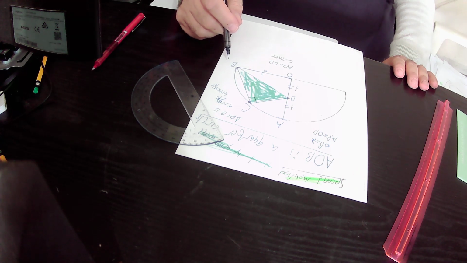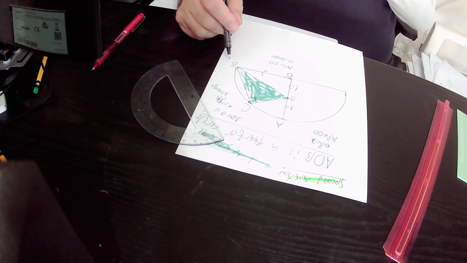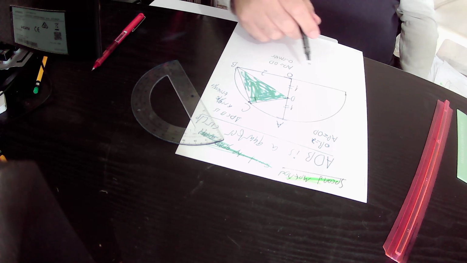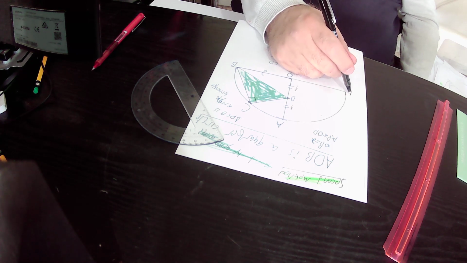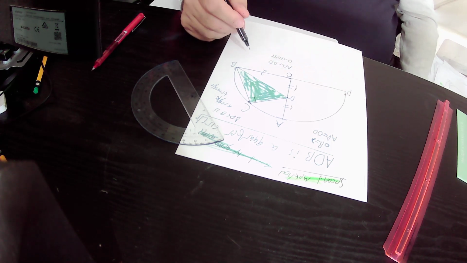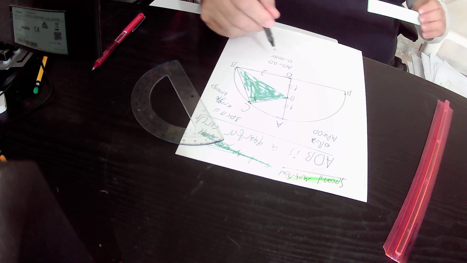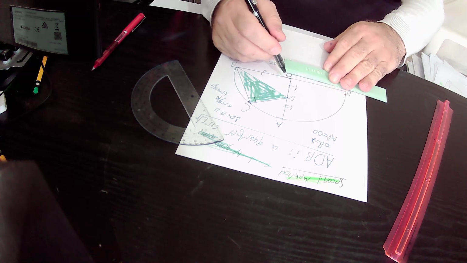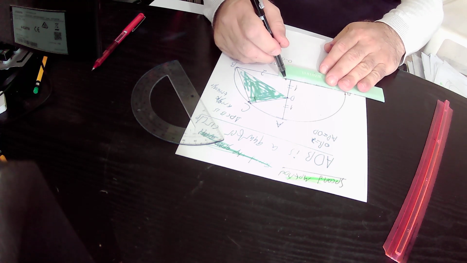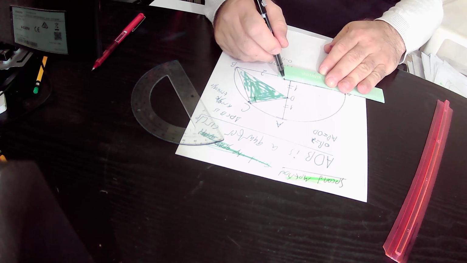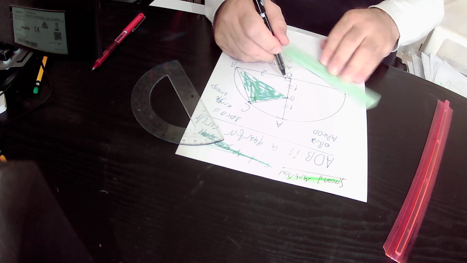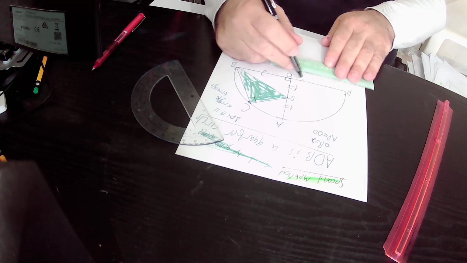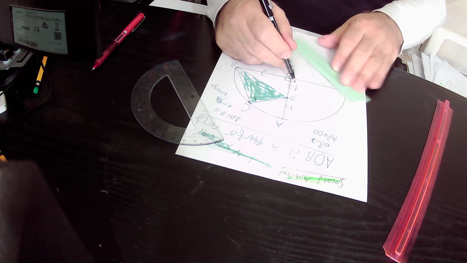And we'll define the point where the extended radius OB touches the semicircle as point P. In the first method we have already found that angle AOB equals 90 degrees, and angle AOP also equals 90 degrees.